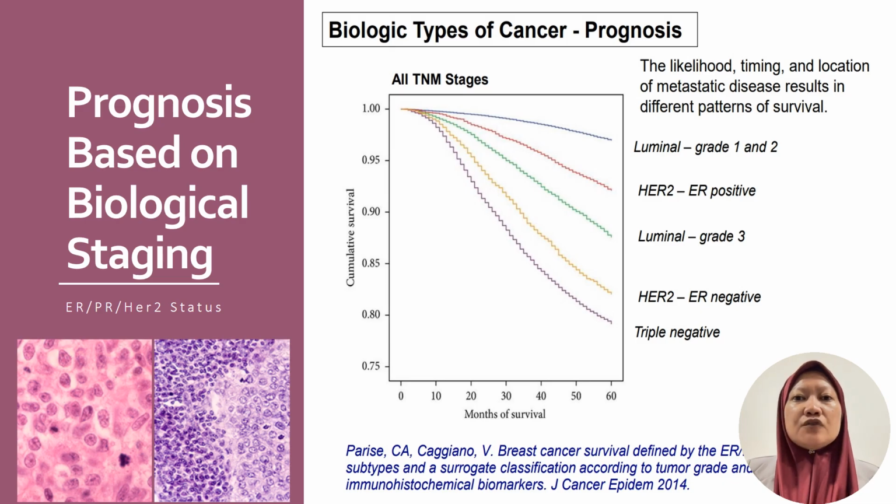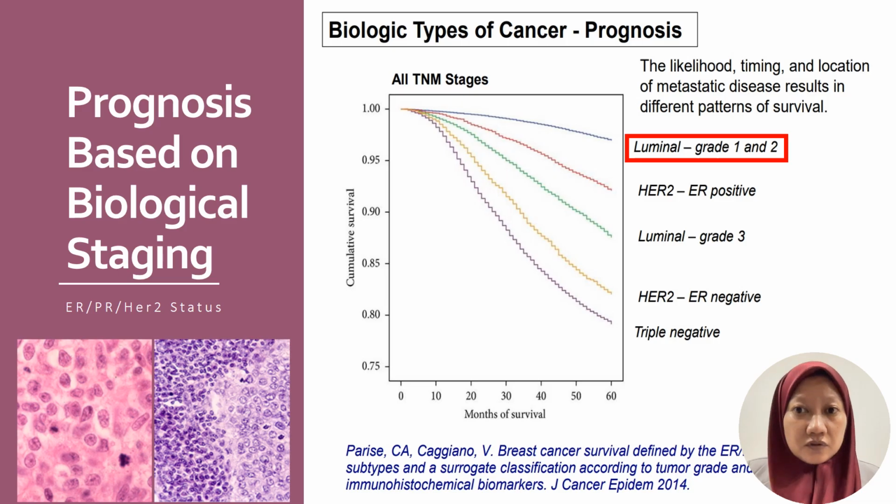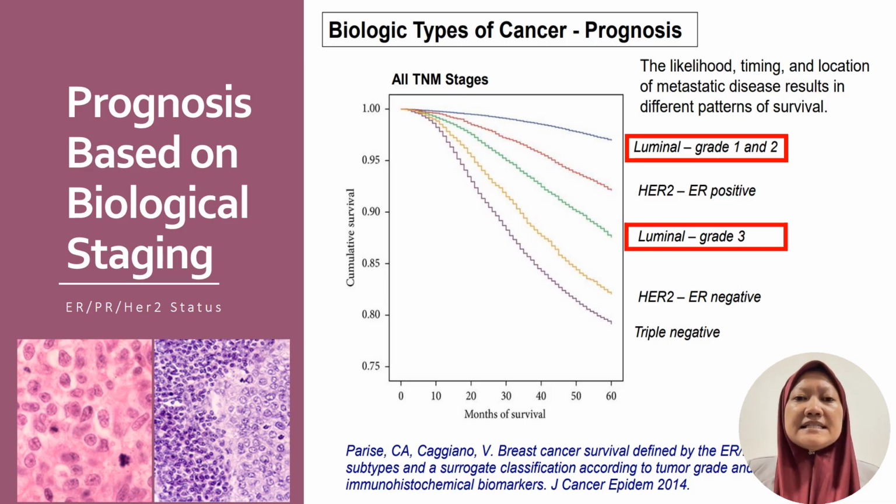As you can see from the graph, the luminal subtypes of breast cancer demonstrate differing prognosis based on tumor grading. It means that grade 1 and grade 2 tumors tend to have better outcomes compared to grade 3 tumors. This distinction highlights the importance of histologic grading in assessing patient prognosis.